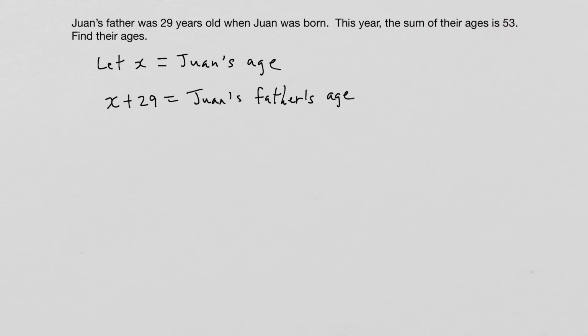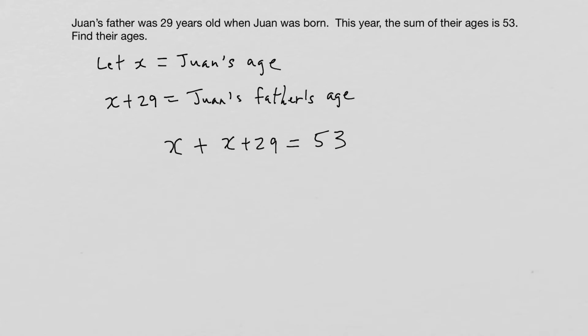Okay, so now it says this year the sum of their ages is 53. Let's write those together. Juan's age is x, and we're doing a sum. Juan's father's age is x plus 29. And we know that the sum of their ages is 53, because it tells us that. Now that you've got this set up, we can solve for x.